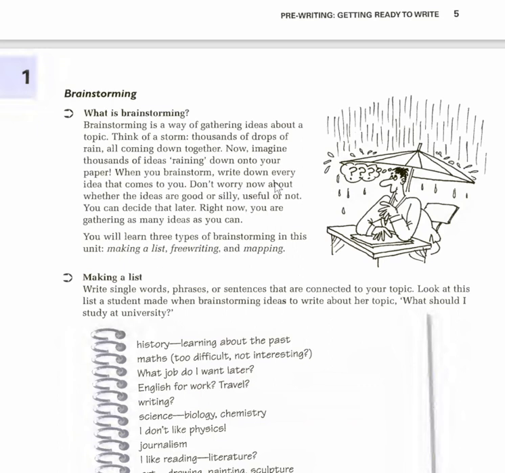So there are 3 types of brainstorming: making a list, free writing, and mapping. Let's start with the first one, making a list. Write single words, phrases, or sentences that are connected to your topic.